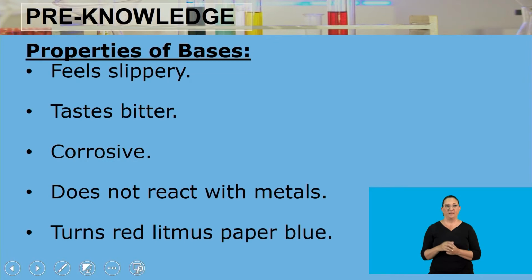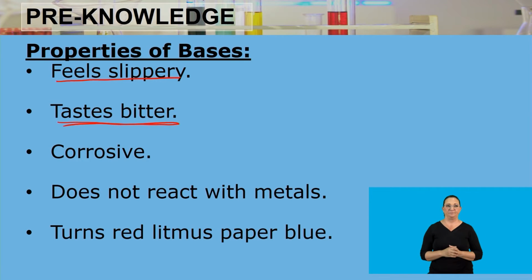Now, what about a base? We know that bases feel slippery to the touch. And then they taste bitter, which is not advisable, that you taste anything that you do not know, as it can either be an acid or a base, and we know that strong acids are very corrosive, so they can damage your skin and even kill you at that.